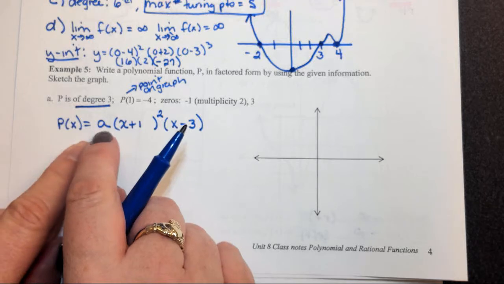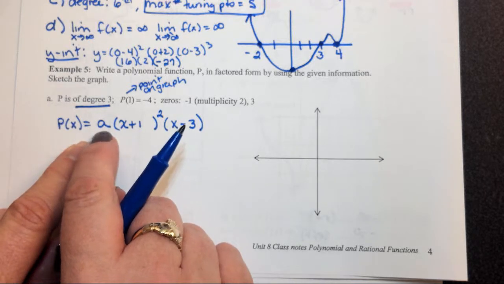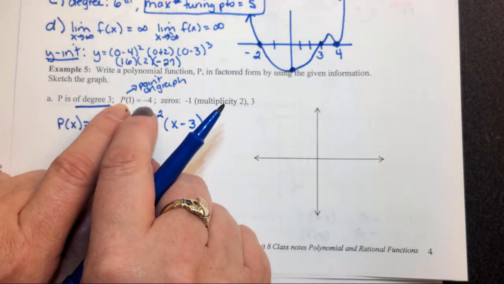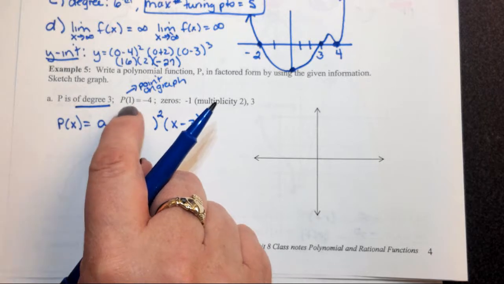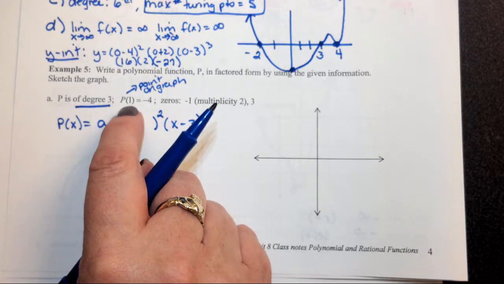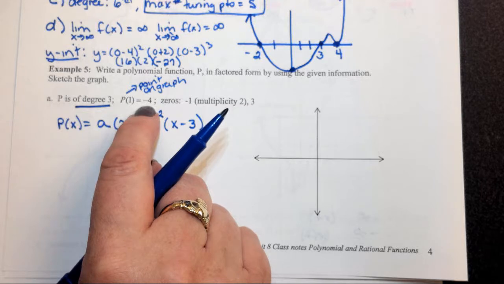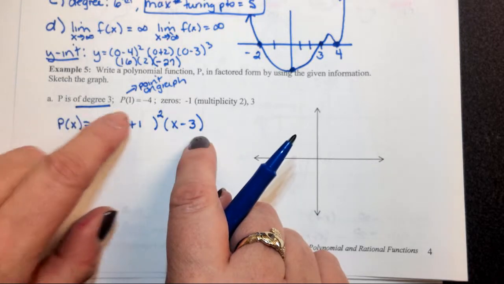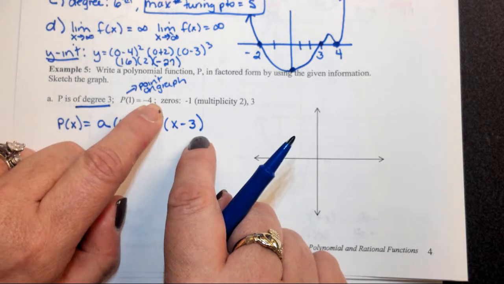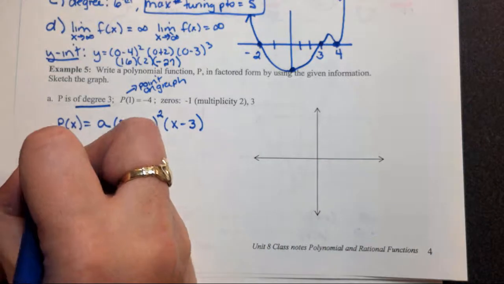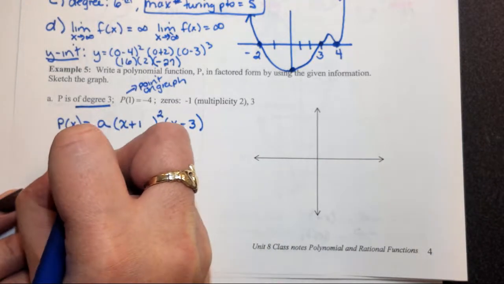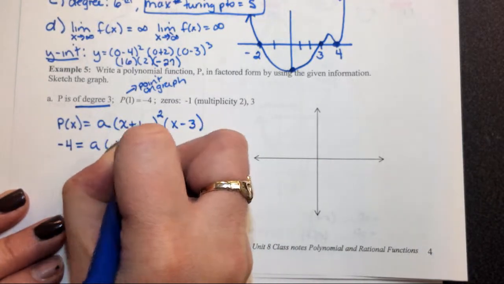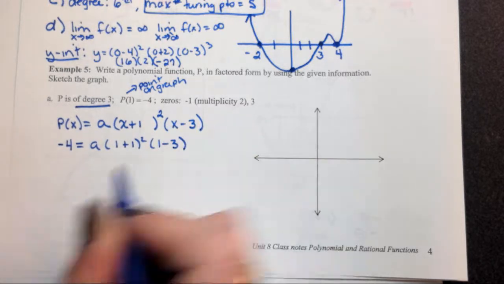The only last piece I have to do is I have to find the leading coefficient. That's where I have to use this point that they're giving me. Remember, 1 is what? The X or the Y value? X. -4 is the Y. So now what I'm going to do is I'm going to plug into what I have written so far, 1 for X, -4 for Y, and I'm going to solve for A. So I'm going to take -4, set it equal to A, times 1 plus 1 squared, times 1 minus 3.